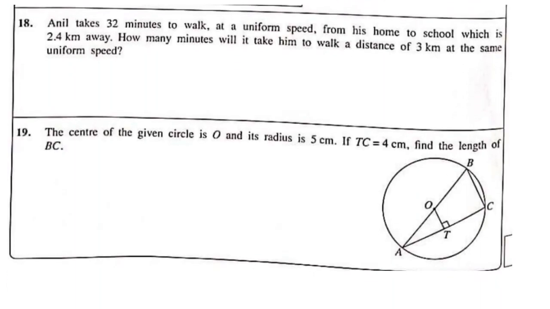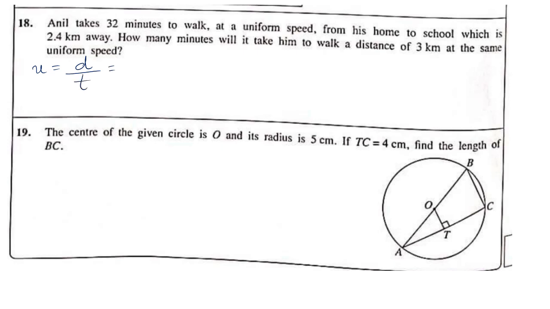This question, Anil takes 32 minutes to walk at a uniform speed from his home to school, which is 2.4 kilometers away. How many minutes will it take him to walk a distance of 3 kilometers at the same uniform speed? So you know uniform speed, you can say u, that is equal to distance divided by time, right?